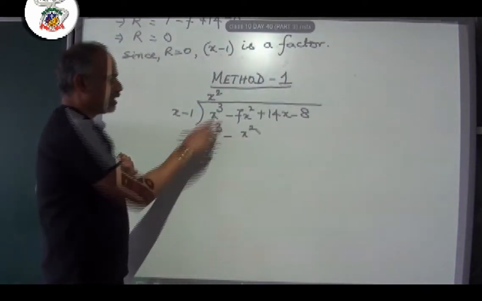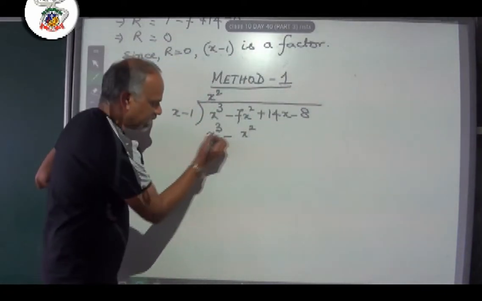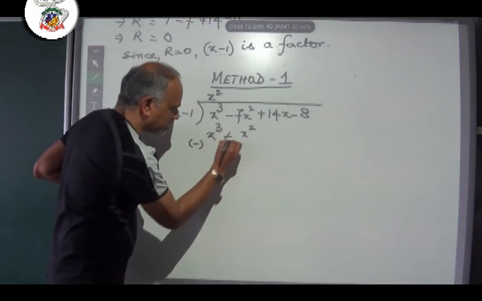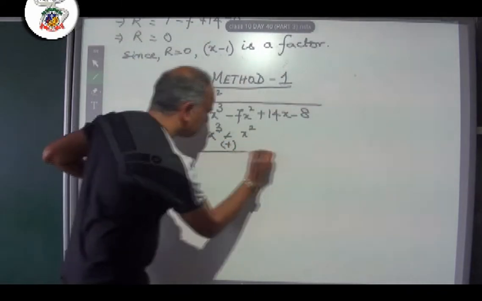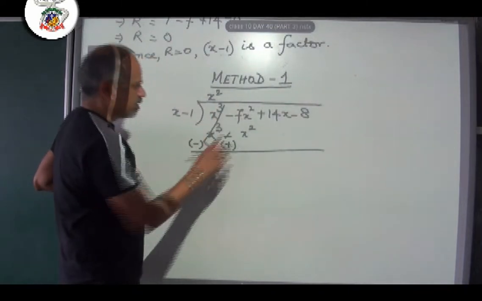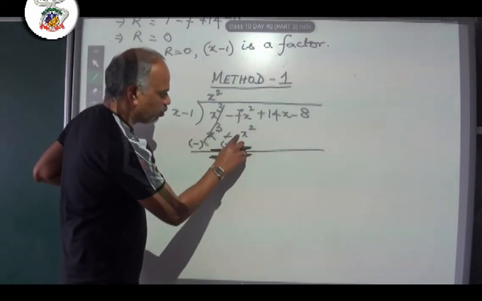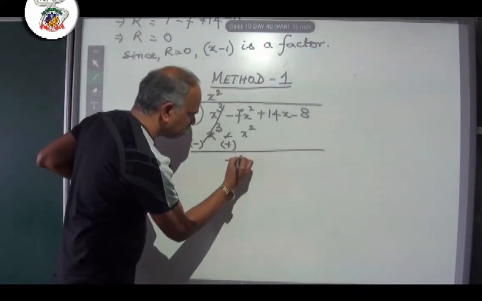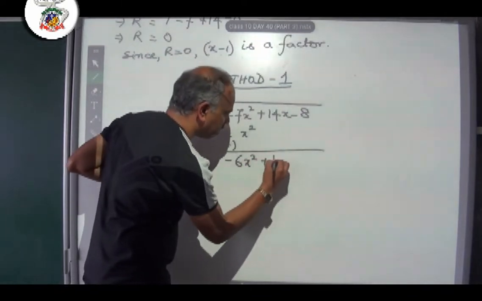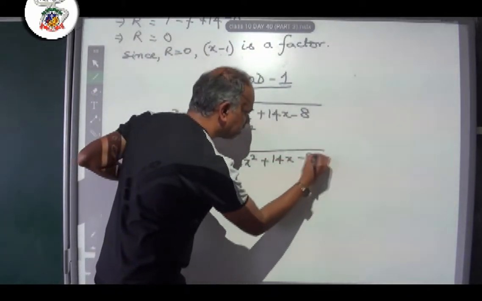And then subtract both these. The signs will change of the second one. So this becomes minus and this becomes plus. And x cubed minus x cubed gets cancelled. Minus 7x squared plus 1x squared is minus 6x squared, and bring the other 2 terms down, plus 14x minus 8.